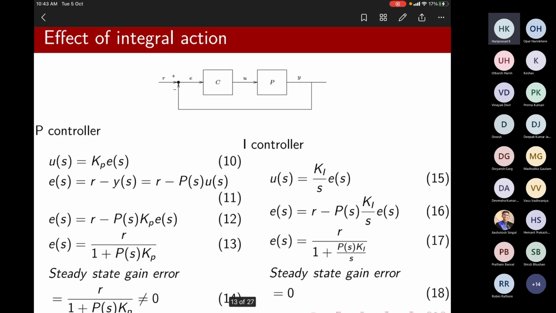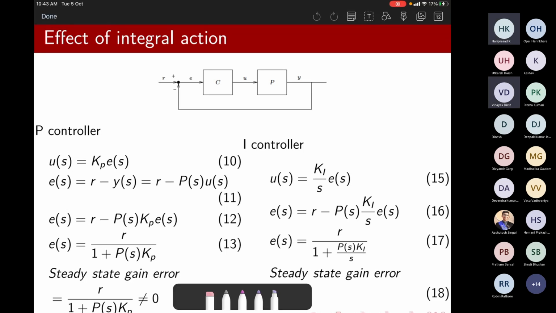Could you see my slide, or are you still seeing my board? Yes, sir. You can see the slides, right?